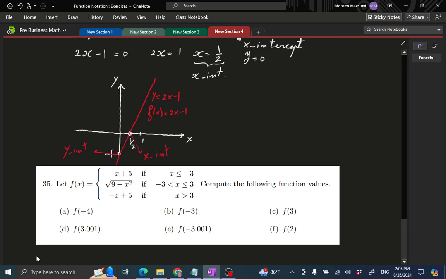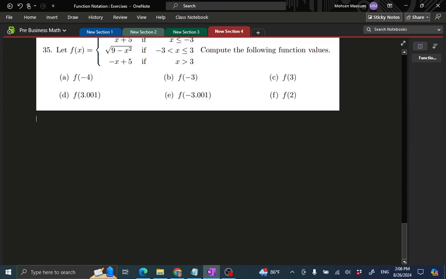Okay, the next problem says, suppose f of x is equal to, now we have some rather complicated looking stuff on the right hand side, and then it asks us to compute the following function values. So what does this mean? This is an example of a so-called piecewise defined function.